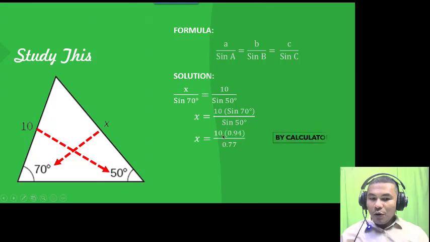Now, using your calculator or your smartphone, sine 70 degrees is equal to 0.94. Likewise, sine 50 is equal to 0.77. And by simplifying, we have the value of x, 12.2. Let us have another example.